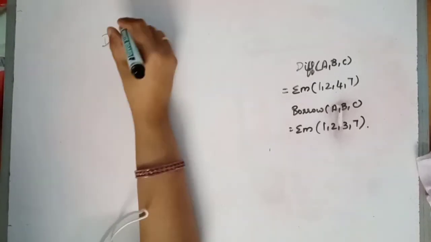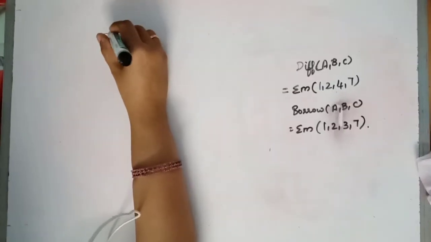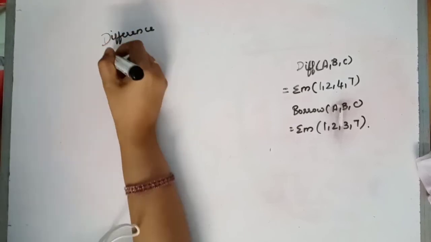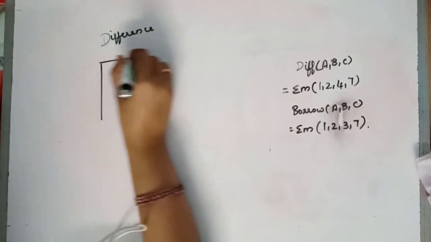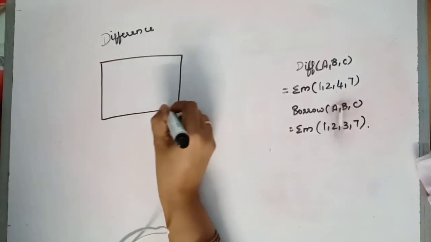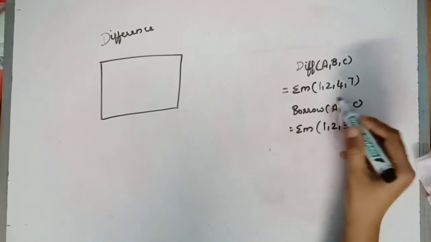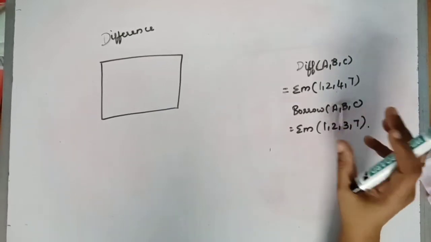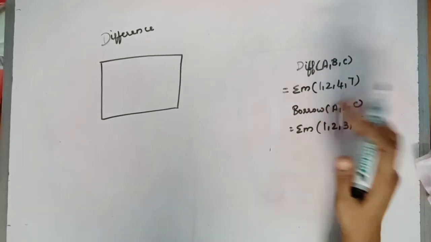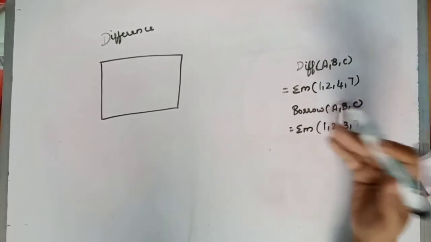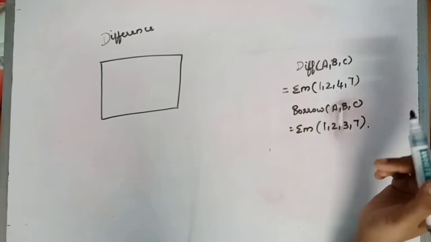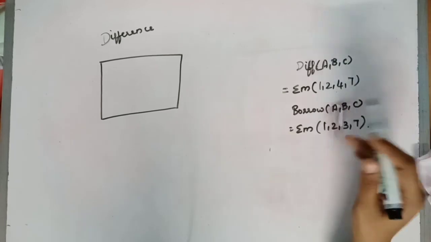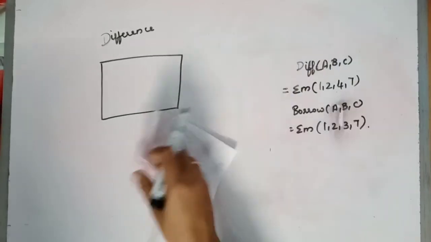So you have to write for difference and borrow. Difference again is 1, 2, 4, 7. By the numbers itself you can understand that they won't match, they can't be grouped. It will be in diagonal elements only, 1, 2, 4 and 7, so they cannot be grouped.